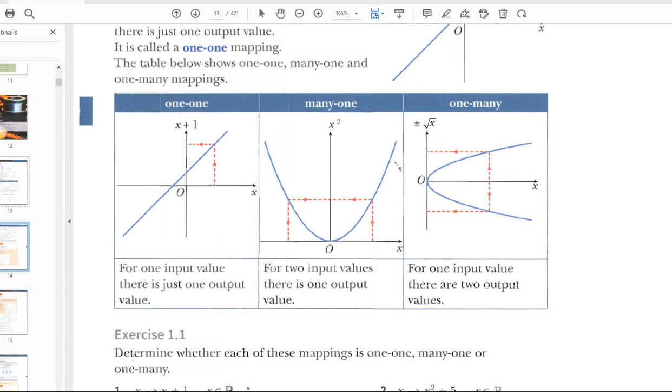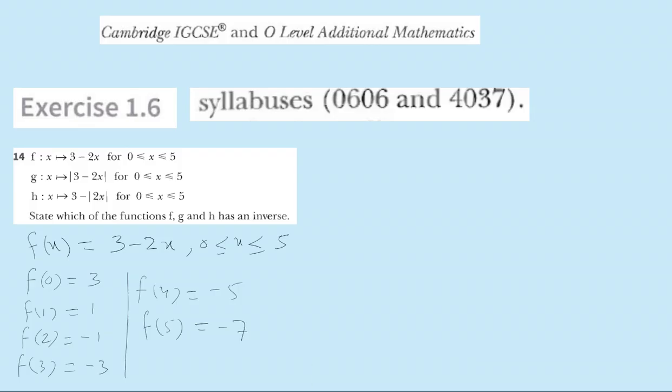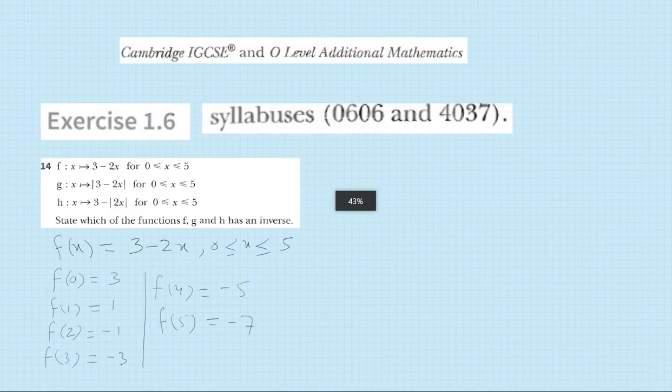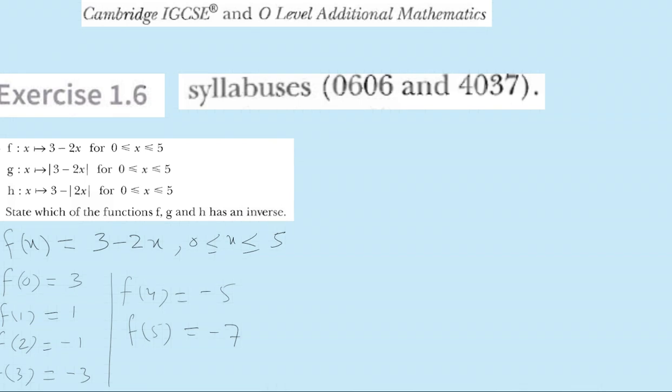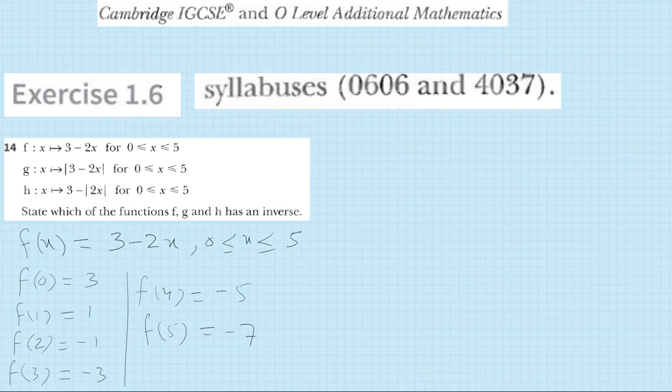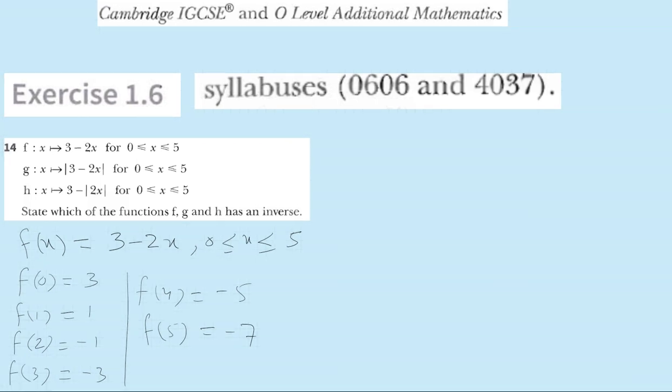This is a one-one function. You can see clearly for f(x), whenever we put values of x in f(x), we always get one output value. So for one input value, we get one output value.